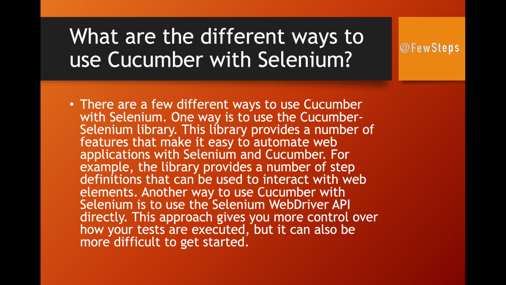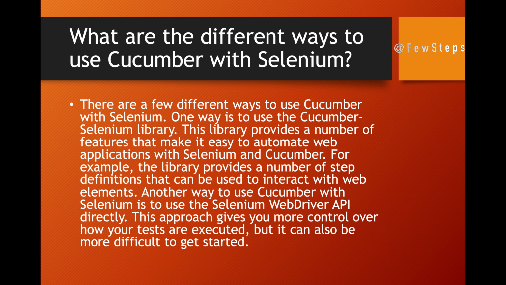One way is to use the Cucumber Selenium library. This library provides a number of features that make it easy to automate web applications with Selenium and Cucumber. For example, the library provides a number of step definitions that can be used to interact with web elements.